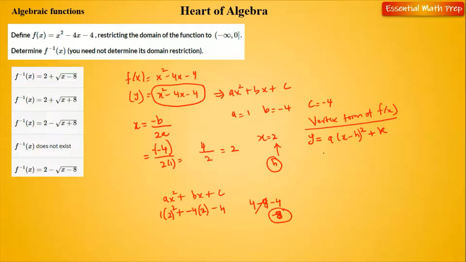So we know our k is -8 and h is 2. So h equals 2, k equals -8. So y equals, we know a is 1, so 1 times x minus h, which is x minus 2 squared, plus k. So y equals x minus 2 squared minus 8.